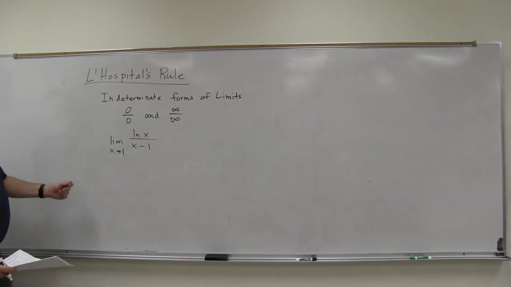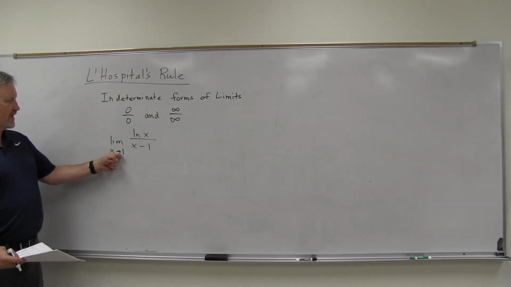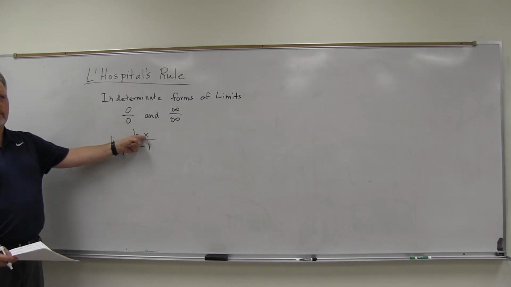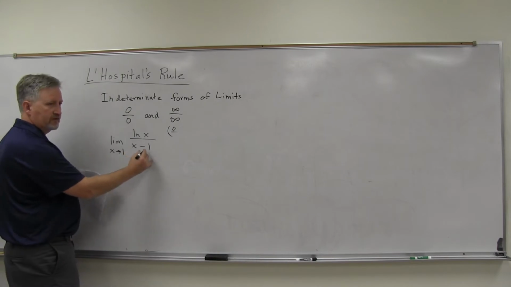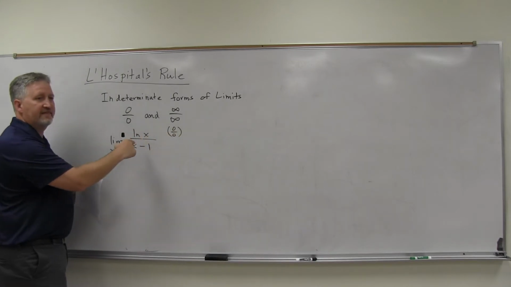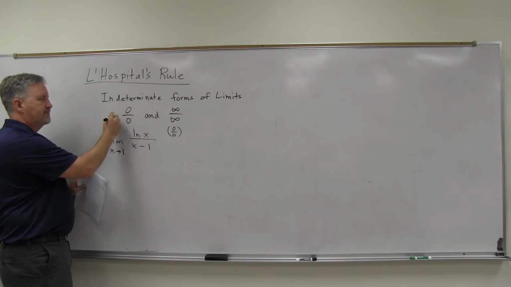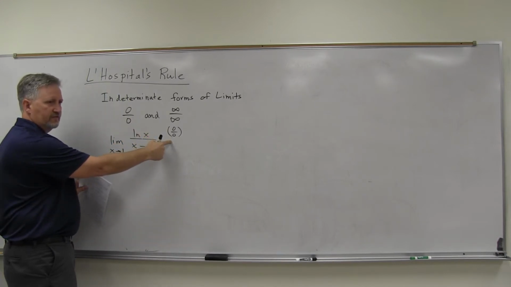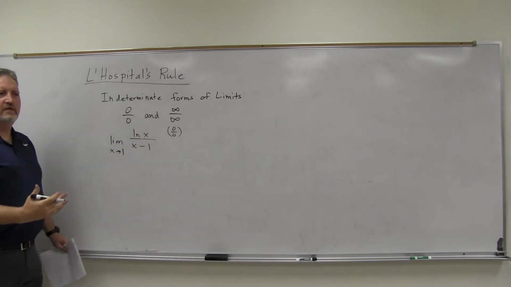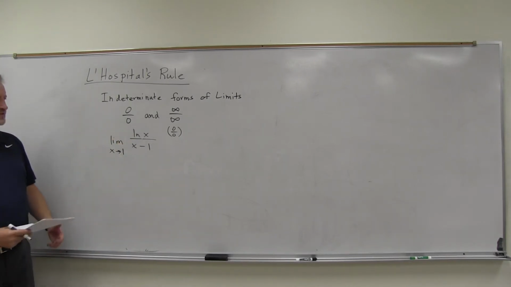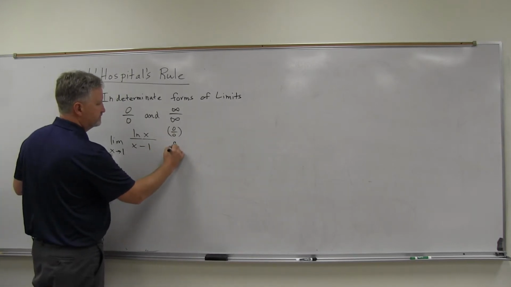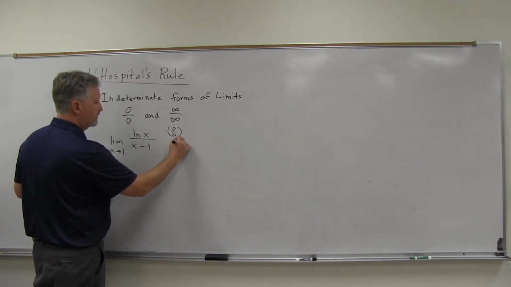So if I plug in 1, ln of 1, what does that go to? 0. The top goes to 0, and then the bottom, of course, 1 minus 1, goes to 0. That's what we're talking about. This is an example of the 0 over 0 form. That's how we recognize these: we just plug in whatever x goes to and see. So that's the form of this particular limit.